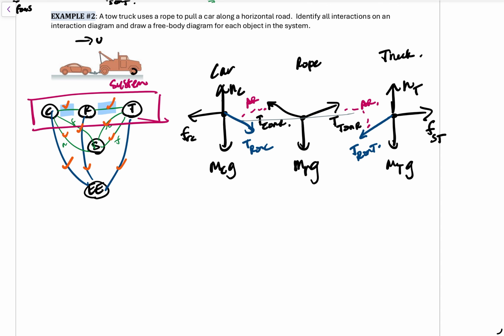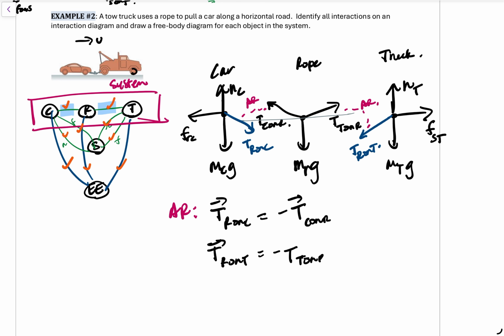We have these three different objects, and part of what we want to do when we have a diagram like this is identify these action reaction pairs. We're going to say that the tension of the rope on the car is equal to negative the tension of the car on the rope, and then we also have that the tension of the rope on the truck is equal and opposite to the tension of the truck on the rope.